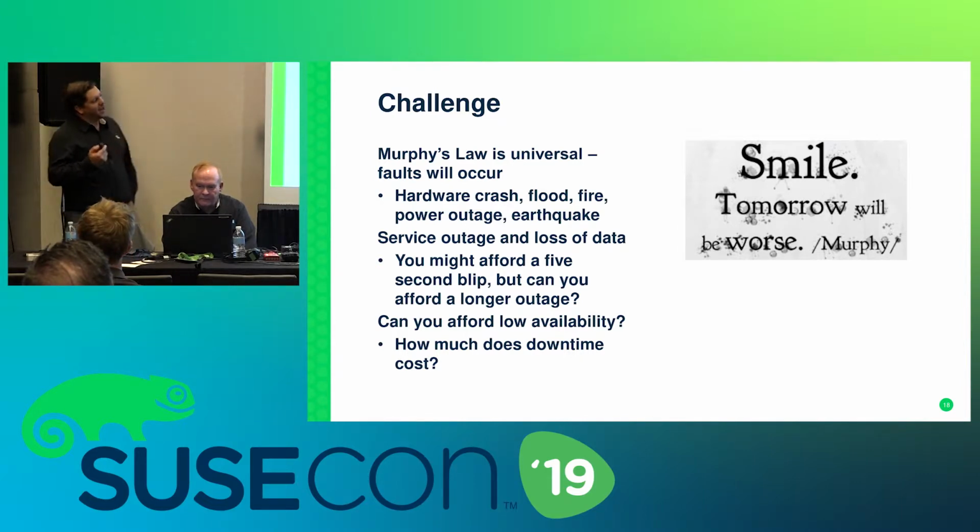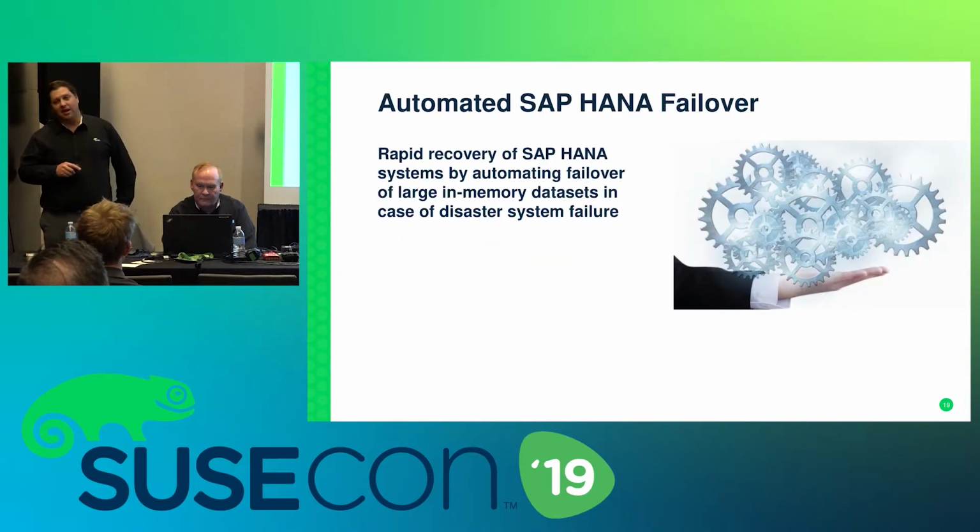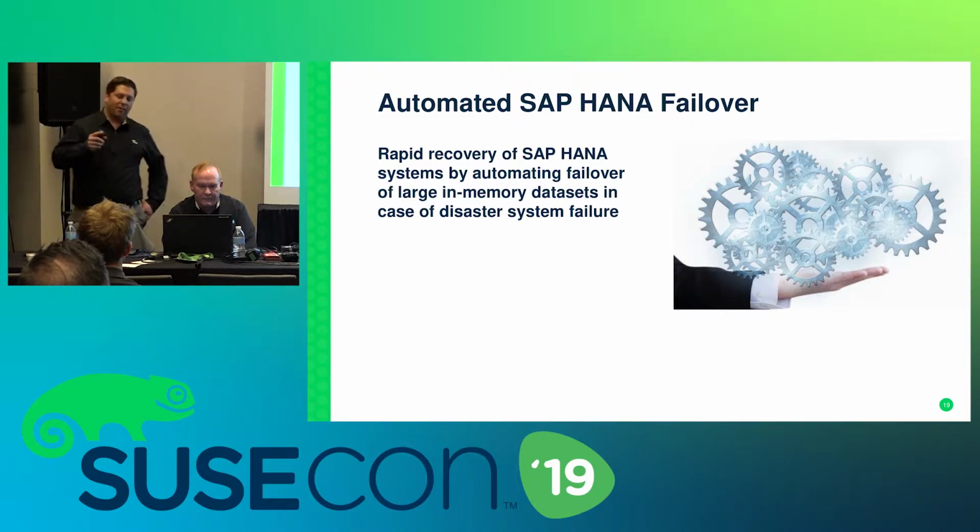So we have provided a number of firsts, not only with SAP, but on AWS as well. One of them is the automated SAP HANA failover, in which the HANA replication mechanism is done by SAP, but what we do is create a cluster of 2 nodes and basically automate that process of making your secondary node your primary if a failure occurs on your primary node.